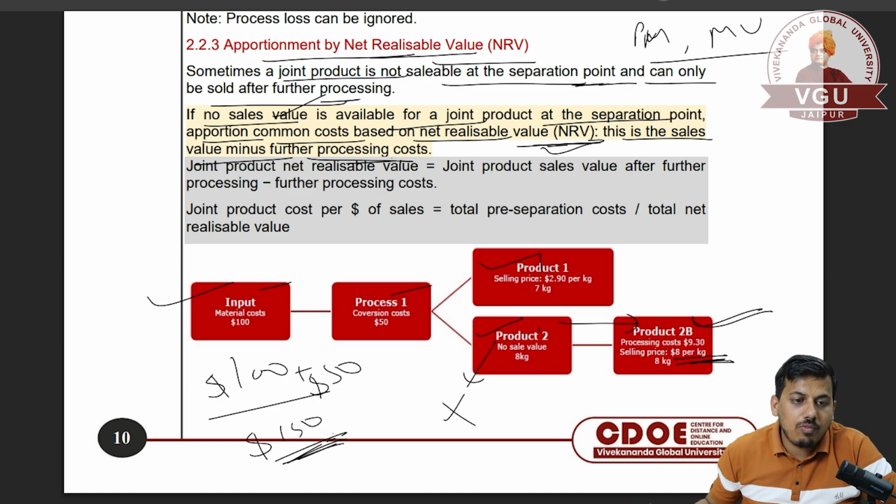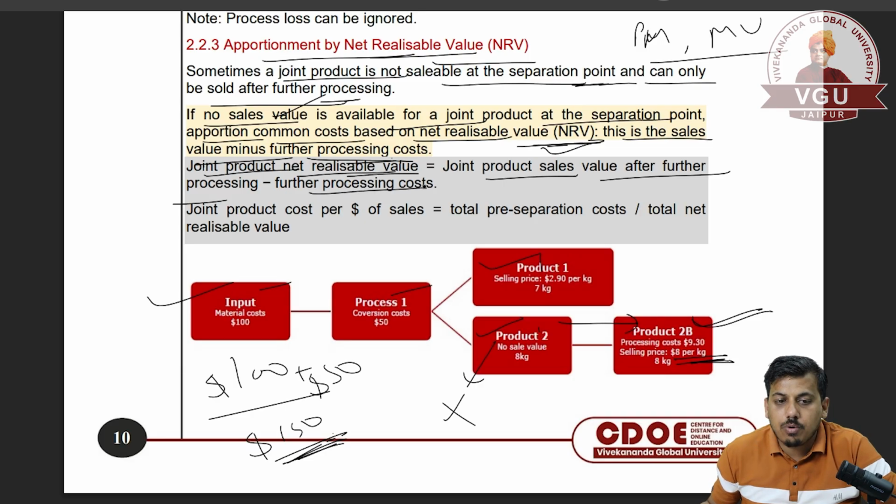First of all we will calculate net realizable value, that is joint product sale value after further processing minus further processing cost. For product 2B, the sales value is 8, minus further processing cost.